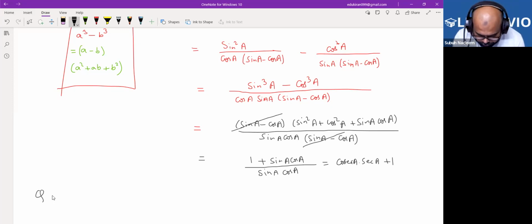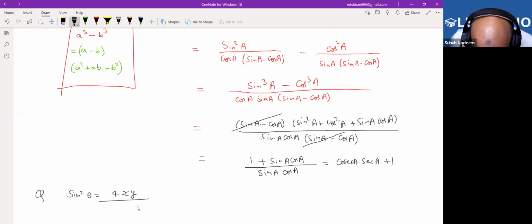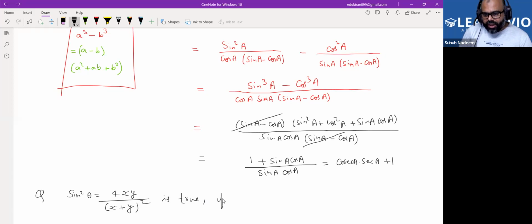Let us come to the next question. The next question says sin square theta is equal to 4xy by x plus y whole square if and only if.